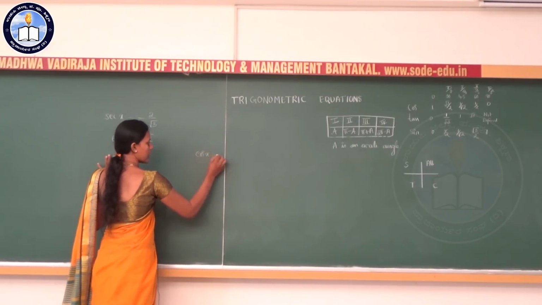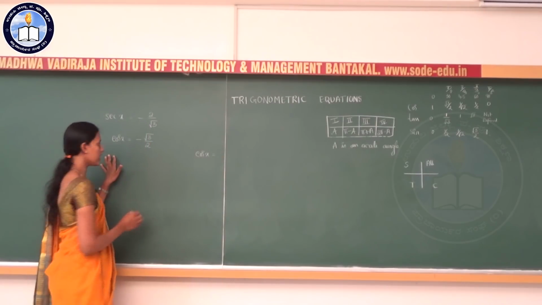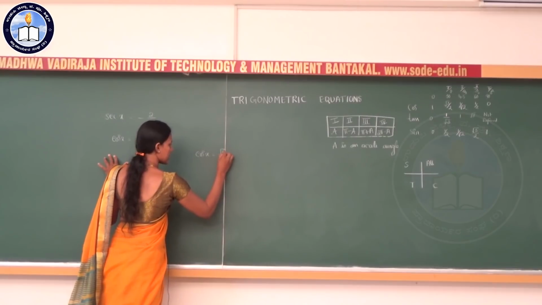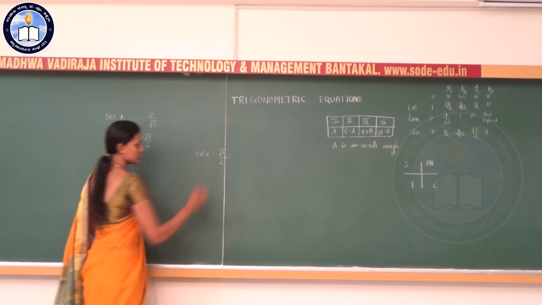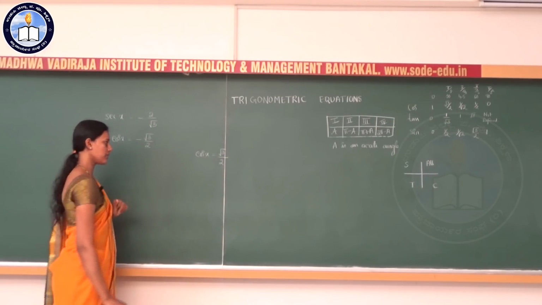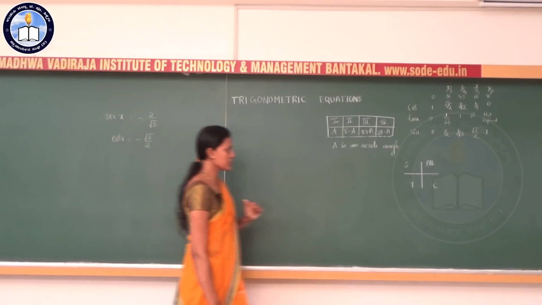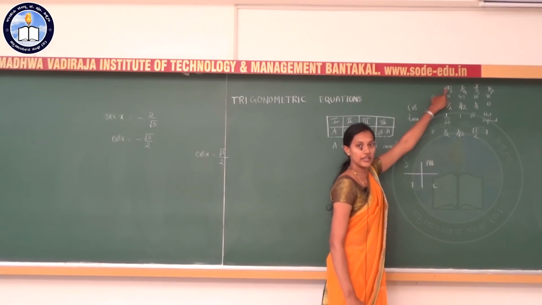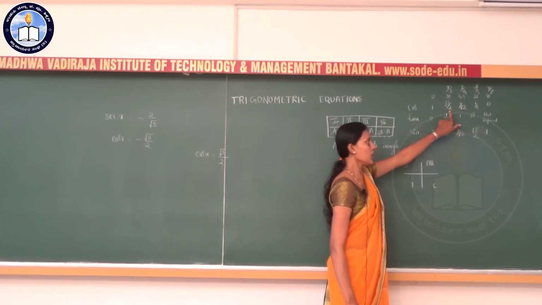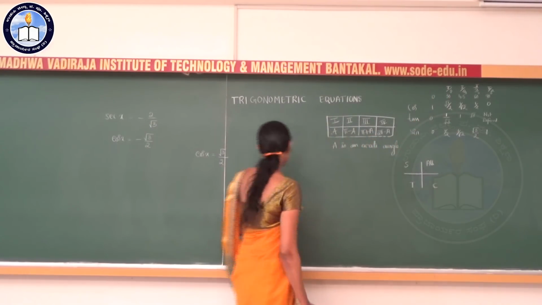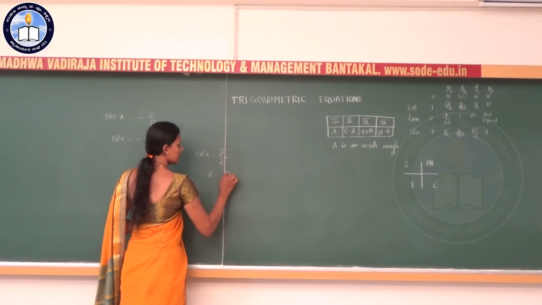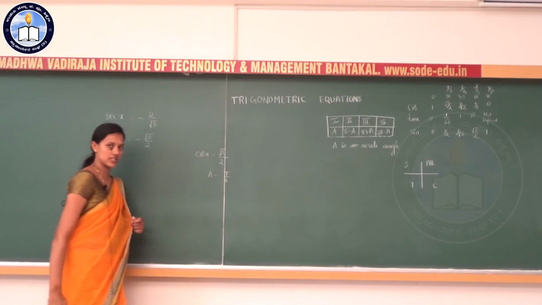To find the acute angle, we will take the positive value of cos x, that is we will take it as cos x is equal to root 3 by 2. Cos of which angle is root 3 by 2? Cos of pi by 6 is root 3 by 2. So, angle A, the acute angle is pi by 6.